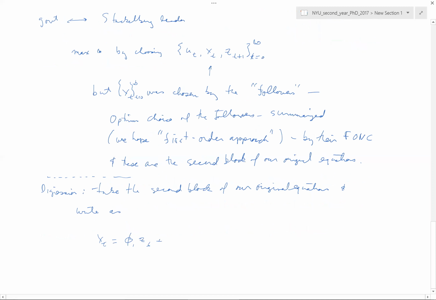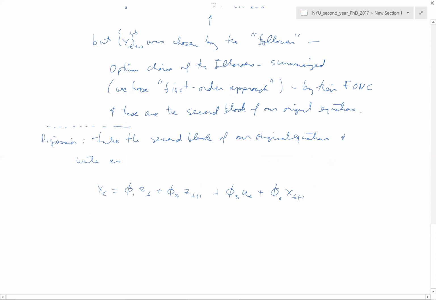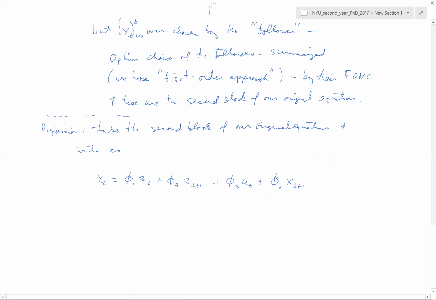Everything in sight is a matrix or a vector. There's a zt, a zt plus 1, a government control ut, and a next period x. Now, in the problems that we are going to actually confront, phi 0 is typically a stable matrix, or its eigenvalues are at least bounded by 1 over root beta.